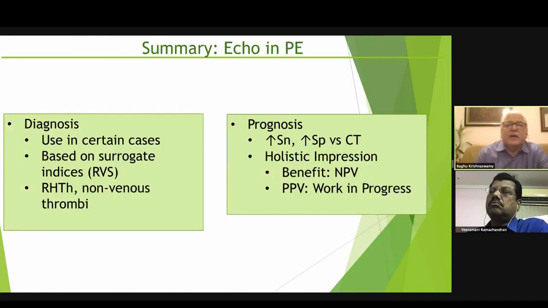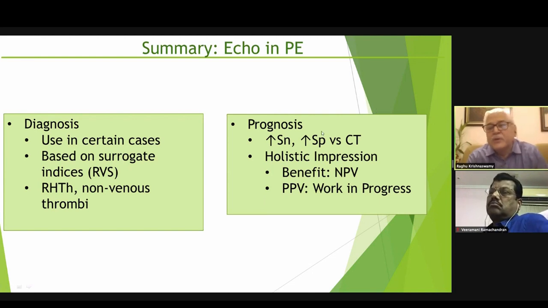So to summarize, echo in PE can be useful in certain cases based on surrogate markers, that is the right ventricular strain. Right ventricular strain, the composite term that means right ventricular dilatation, right ventricular systolic function reduction, or even right ventricular hyperkinesia. And of course, it can pick up right heart thrombus.